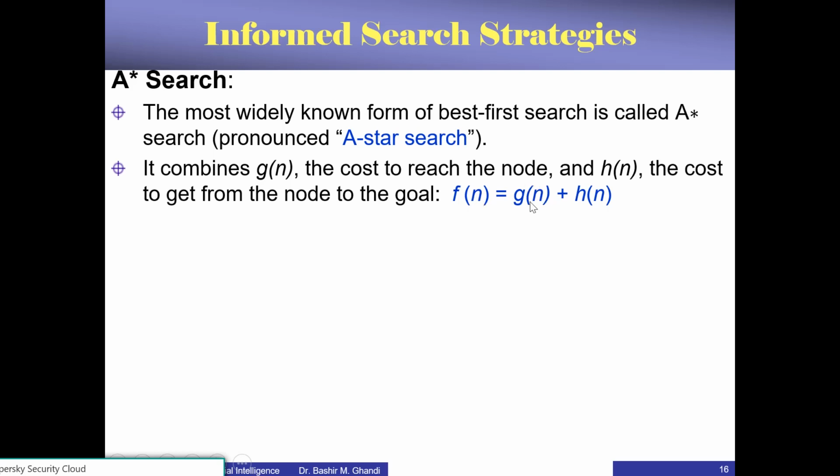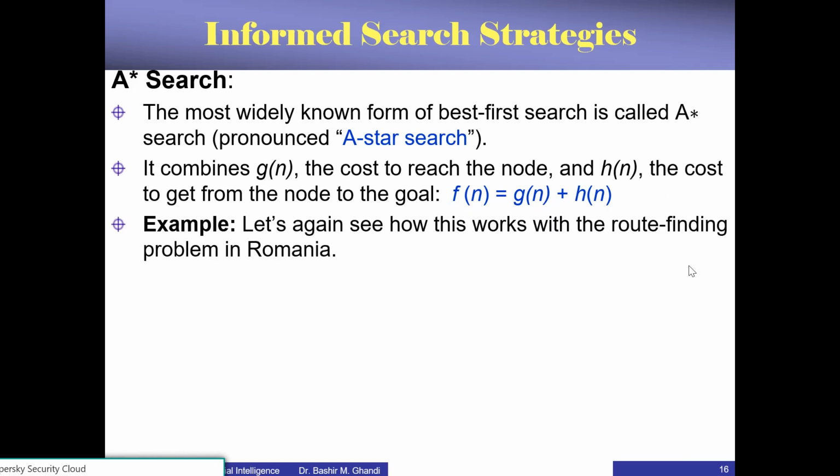So f(n) is going to be g(n) plus h(n), not just h(n) as in the case of greedy best first search. It will utilize the knowledge it knows so far. It has cost this much to reach the current node, plus the estimate of what it will take to reach the goal. So this is the function it's going to use.